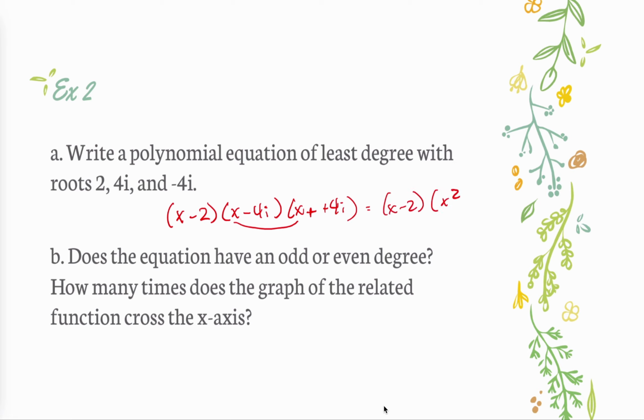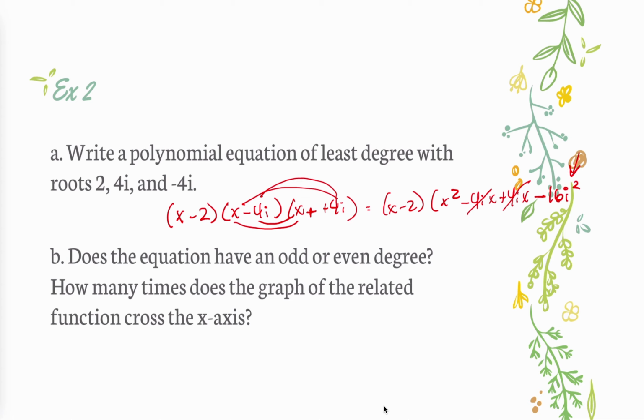So, x squared minus 4ix plus 4ix, look at that, minus 4i times plus 4i is going to be minus 16i squared.